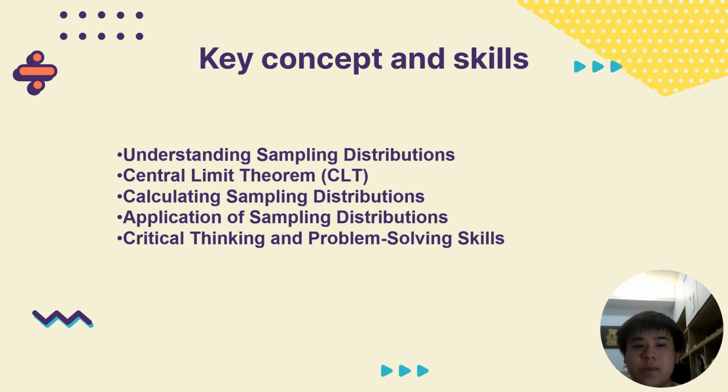The central limit theorem, like I mentioned before, is a fundamental concept that states that regardless of the shape of the population, the sampling distribution of the sample mean approaches a normal distribution as the sample size increases. Calculating sampling distributions: you'll be able to interpret sampling distributions for both sample means and proportions. You'll learn the standard error as a measure of the variability of a sample statistic. That's what a standard error is.